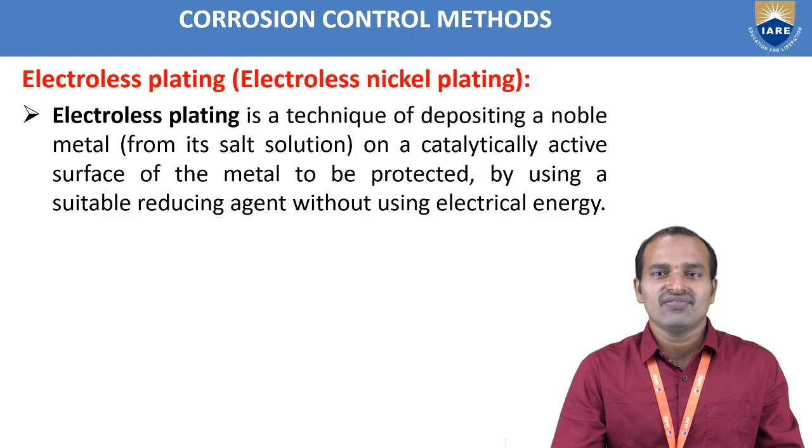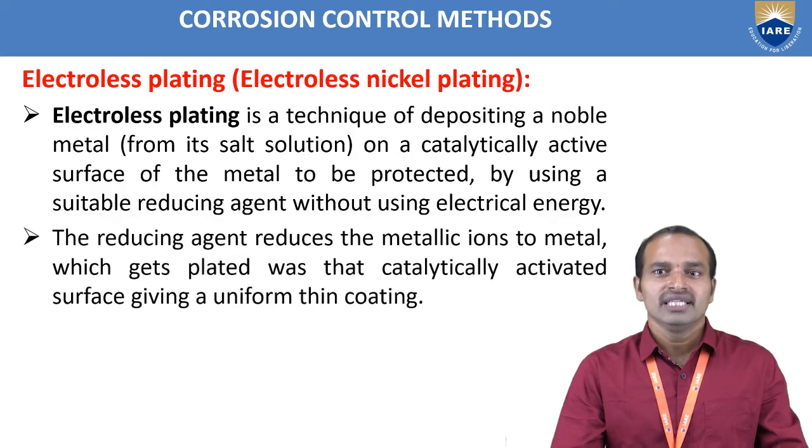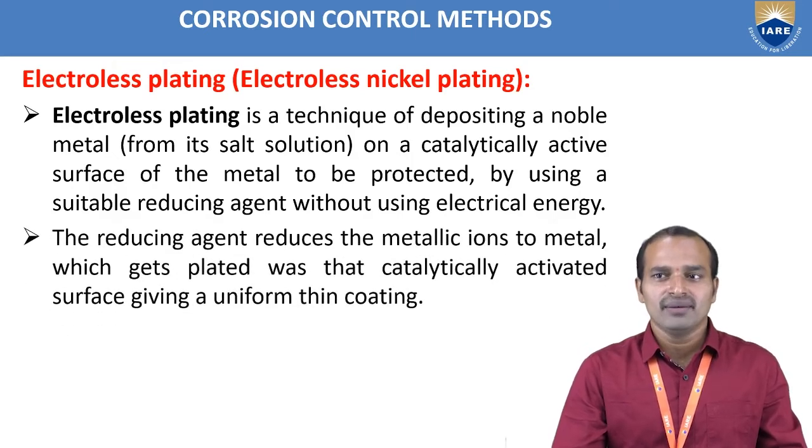When the reducing agent loses electrons, it is oxidized. We use this process without any electrical energy, and that process is called electroless plating. The reducing agent reduces the metallic ions to metal, which gets plated on the catalytically activated surface, giving a uniform thin coating.